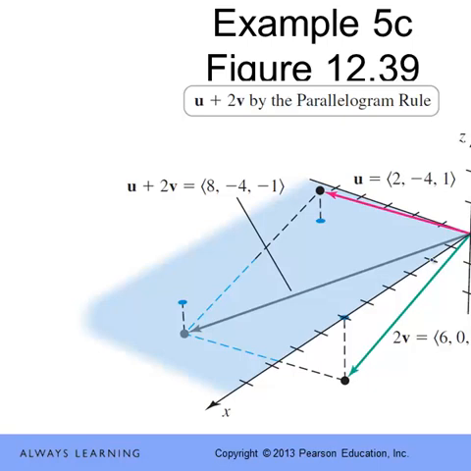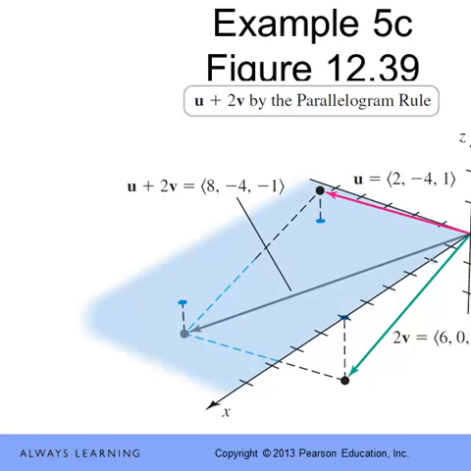Well, there's u, there's 2v, and then you can use the triangle rule or the parallelogram rule to geometrically add the two vectors by completing the parallelogram created by putting the tails of the two vectors together. The resulting sum of the two vectors will go from that common tail out to the opposite corner, geometrically at least.